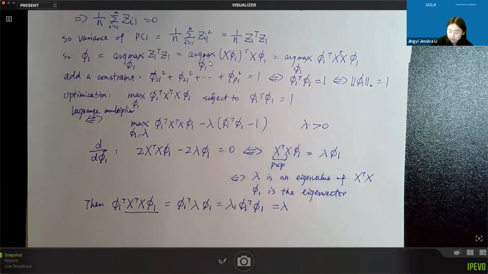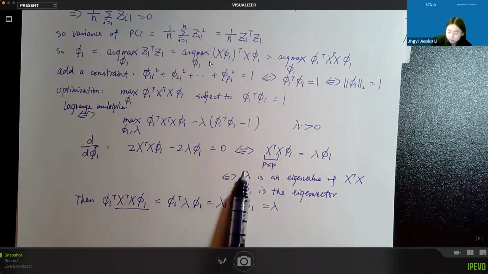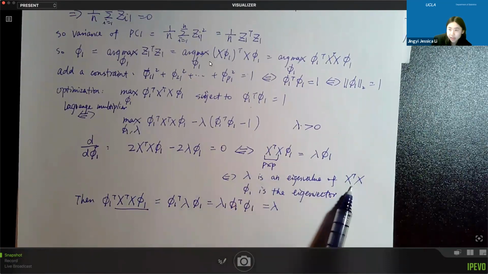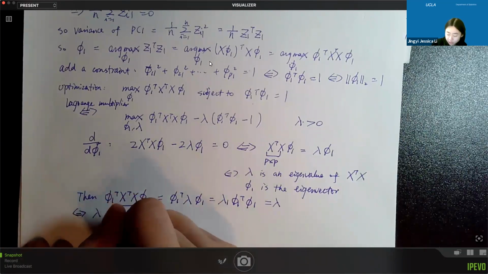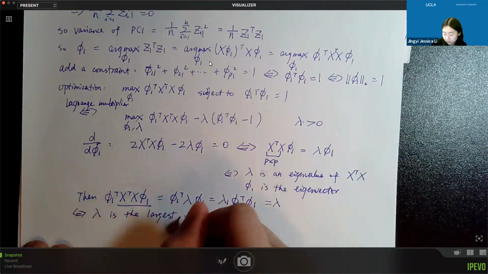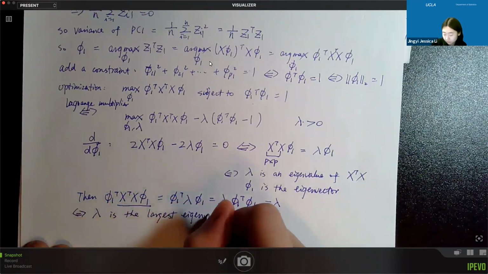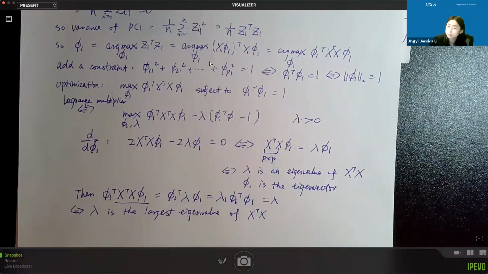So you see, I get this as lambda, and I want to maximize this. And lambda must be an eigenvalue of this x transpose x. So together, this tells me, okay, lambda must be the largest eigenvalue of x transpose x. So we solve the problem.